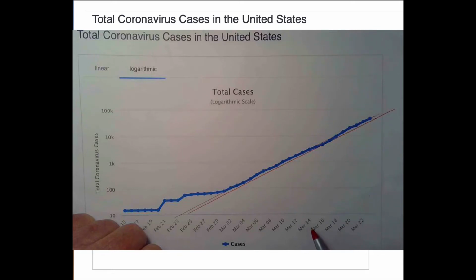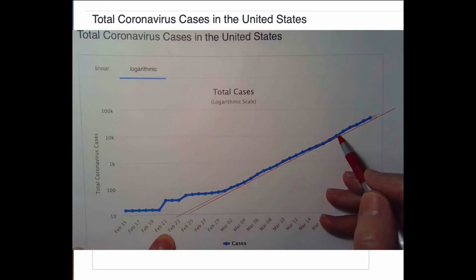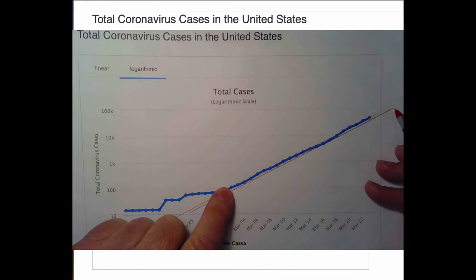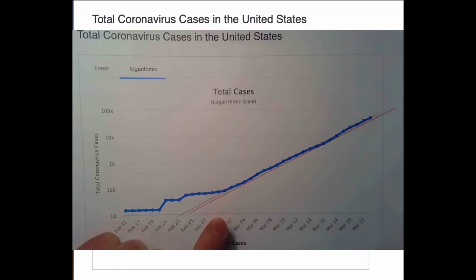So in 10 doubling times, you get 3 orders of magnitude difference. If the doubling time is 3 days, then to get 3 orders of magnitude growth takes about a month, and that's about what it was doing.